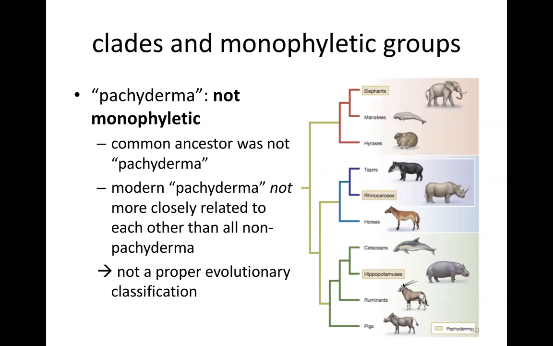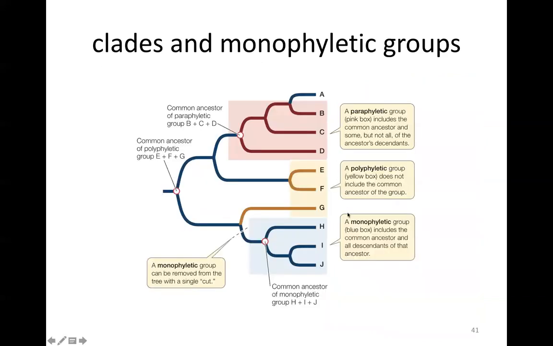And when we study the phylogeny of the three Pachyderma lineages, we see that all of them are related to non-Pachyderma mammals, right? So it's obviously not a proper evolutionary classification. This trait must have evolved independently in these lineages. So it's not a monophyletic group. A monophyletic group, again, is a group where all members share recent common ancestry with each other, and there's no non-group member inside that group.